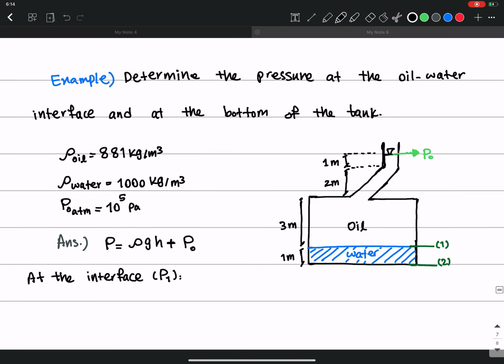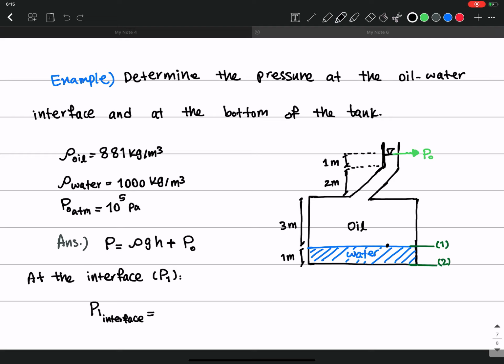We just have to look at any point there. You have oil on top of you, and it's only the depth that matters.